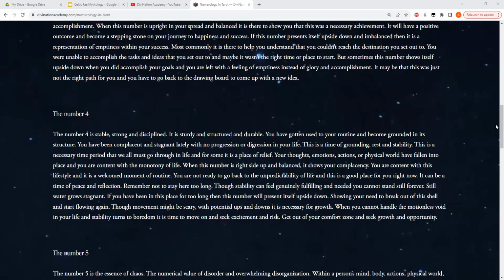But a 4 by itself is probably somebody who's had their job for a couple years now. They know exactly what they need to do. They have had their routine set. They are not moving into a new house. They are not having new kids. They are not getting into new relationships. They are not making new friends. They are not trying out new foods and doing a bunch of new things.